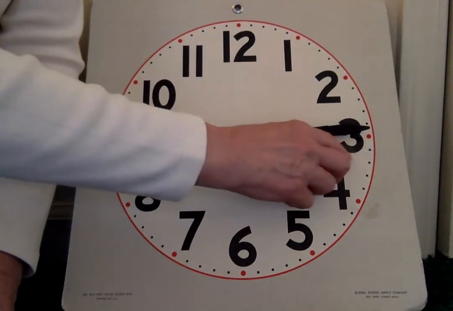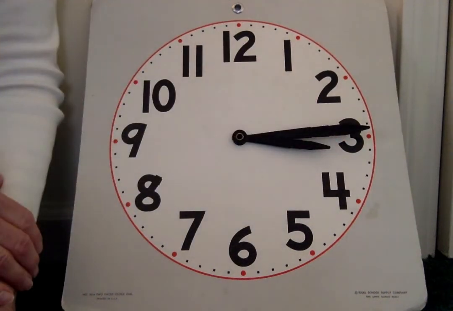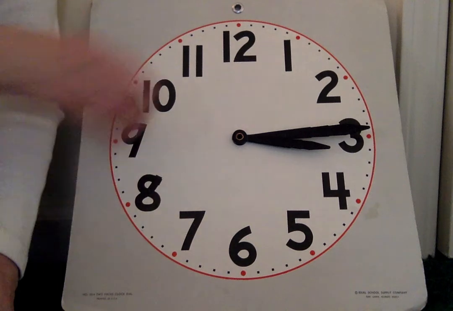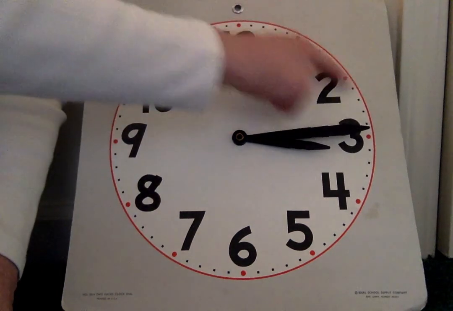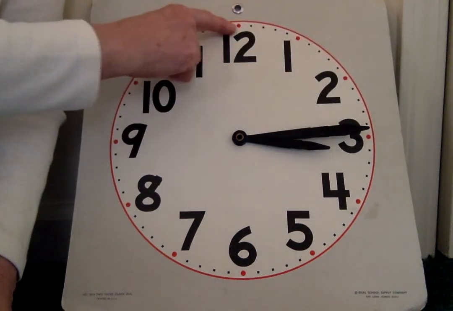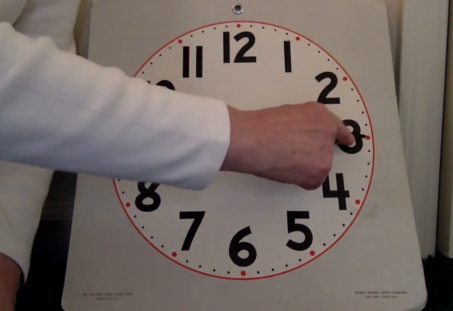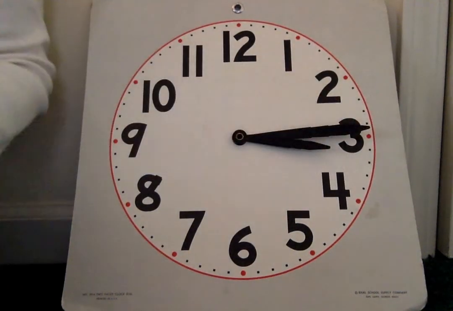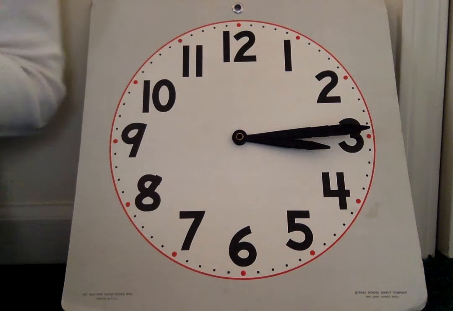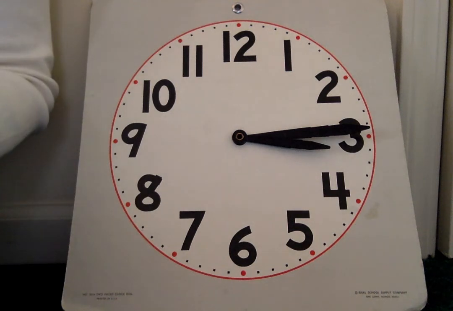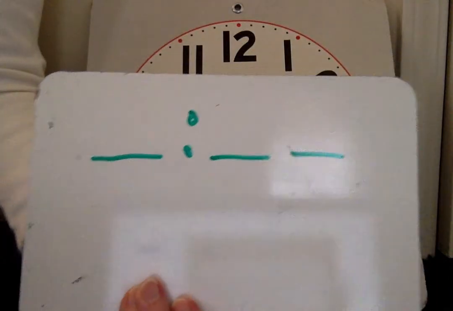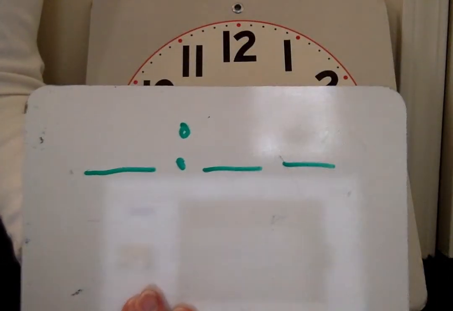Baby is closest to what? 3. And you say, yeah, but it's not 3 o'clock. It's after 3. It's how many minutes after 3? 5, 10, 15. So it's 3:15. Write it in the way it should look.